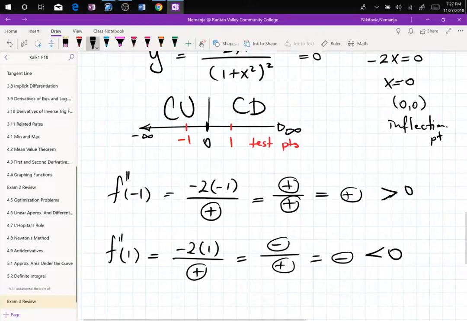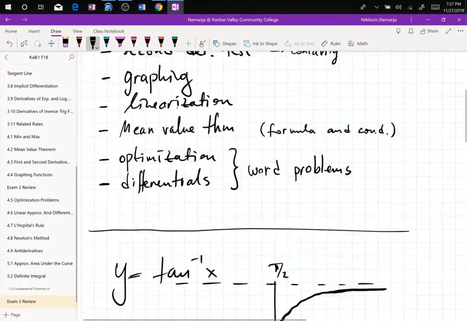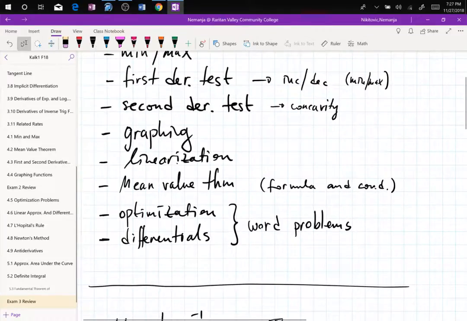One thing that the list is missing is L'Hopital's rule, and I don't know why. So there will be L'Hopital's rule on the thing. So now I have to go back to the list, and here in blood add L'Hopital's rule. And the antiderivative stuff, right?